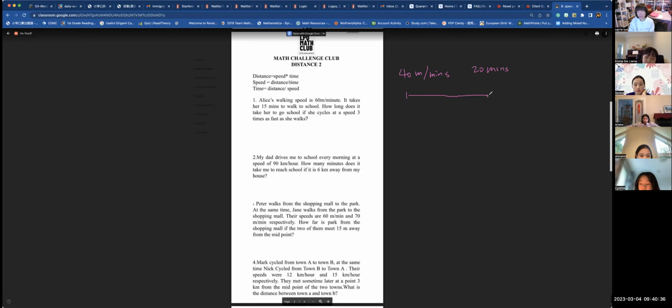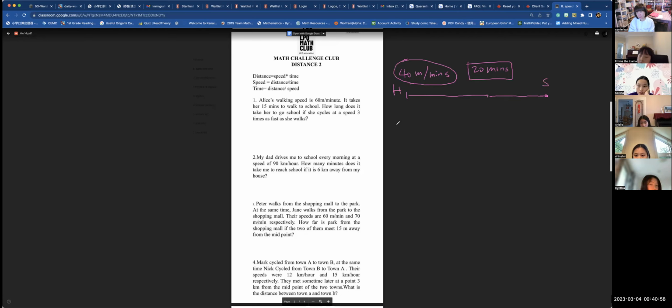But now the school has changed to double the distance. If she still keeps the walking speed, she's not cycling, how much time does she need to go from home to school?